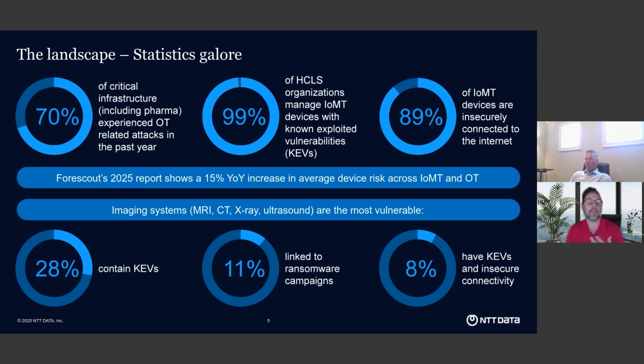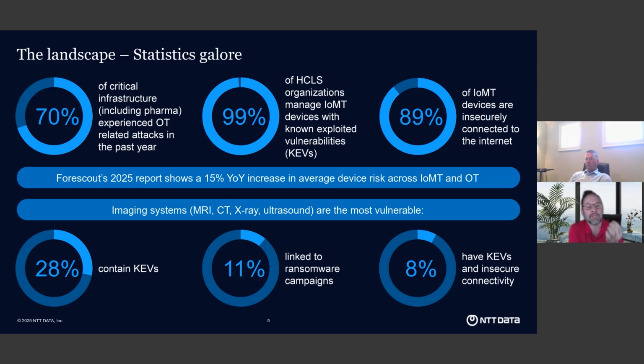So let's start off with some generalized statistics, right? When we talk about Internet of Things, Internet of Medical Things, operational technology, it is not a very pleasant picture in most cases. Again, I'm pulling statistics from a variety of different places. I'd be happy to provide the sources for these if you are so interested in that.